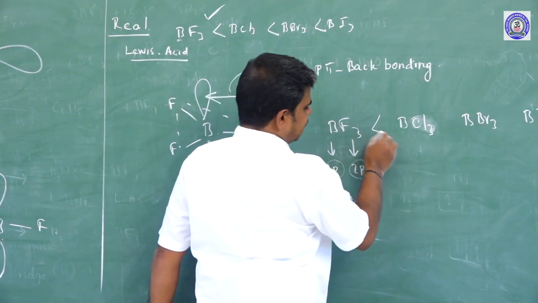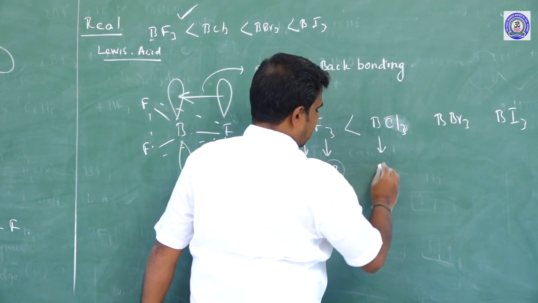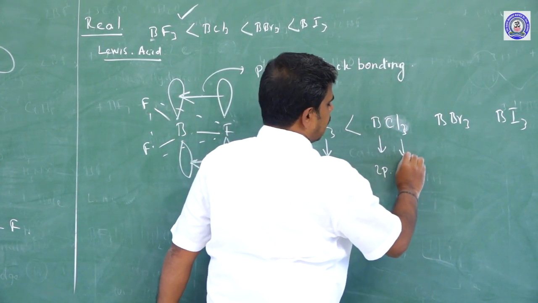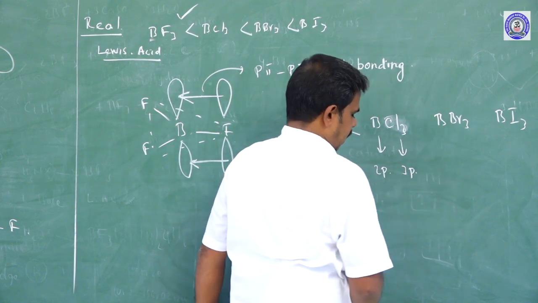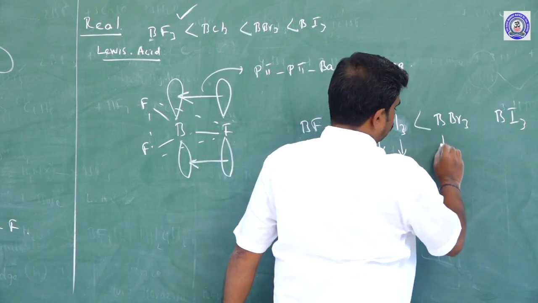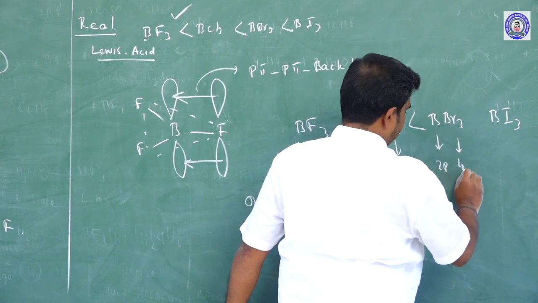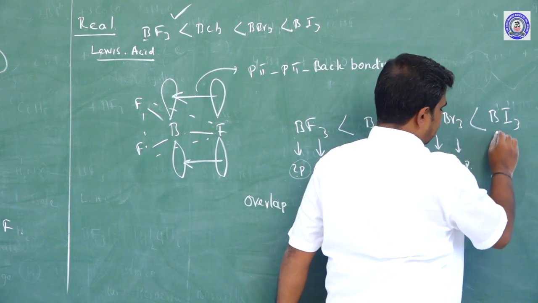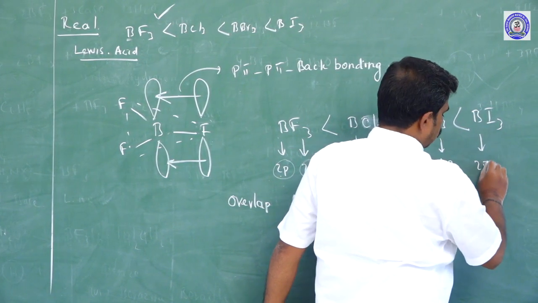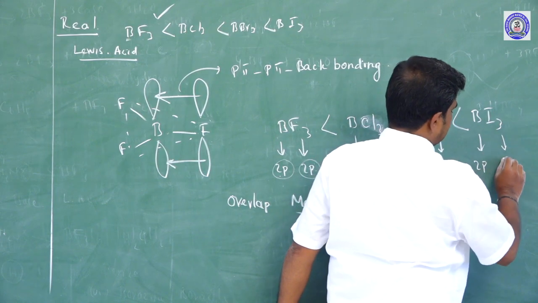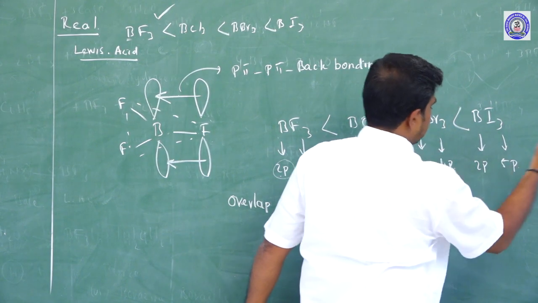Now in BCl3 it is 2p of boron and 3p of chlorine, in BBr3 it is 2p of boron and 4p of bromine, and in BI3 it is 2p of boron and 5p of iodine.